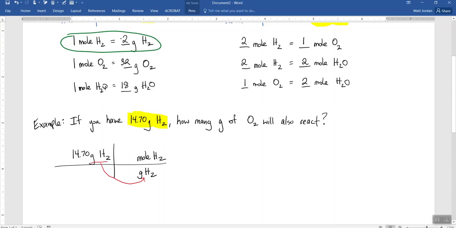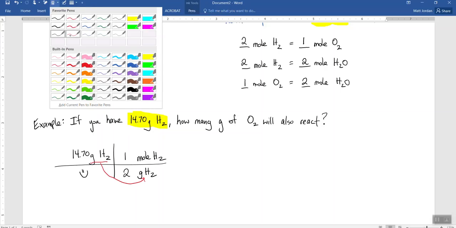So we're going to put the numerical values in front of the units: 2 in front of the grams of H2, and 1 in front of the moles of H2. Down here, just know that nothing goes down there.